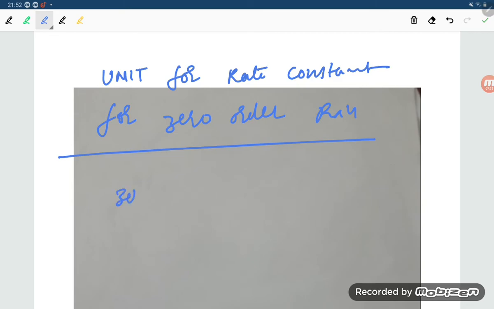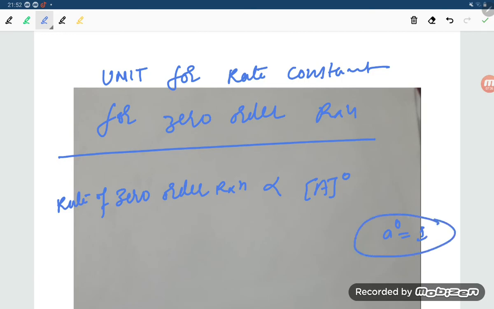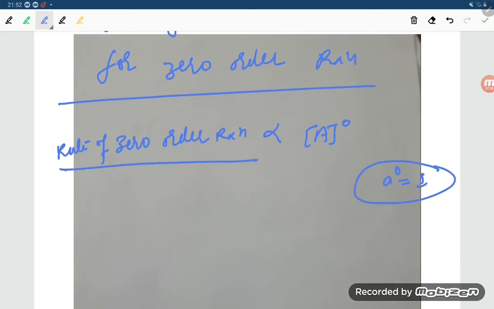For the zero order reaction, the rate is not proportional to the concentration of any reactant. Suppose A is any reactant; its concentration power 0, anything to the power 0, is what, student? That is coming 1.